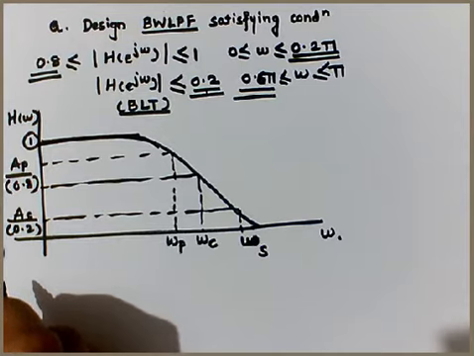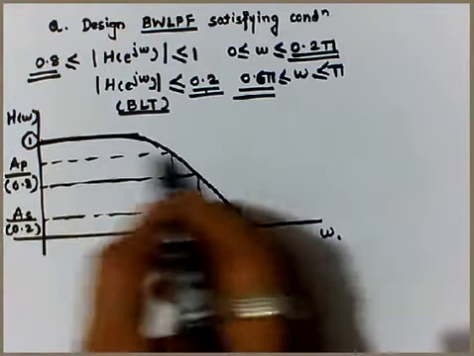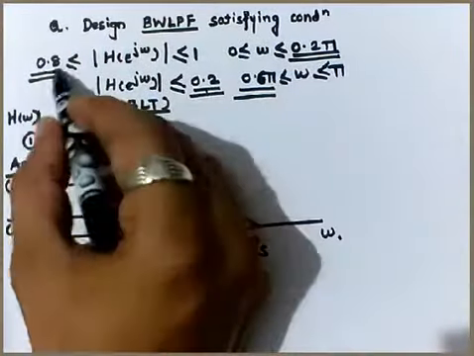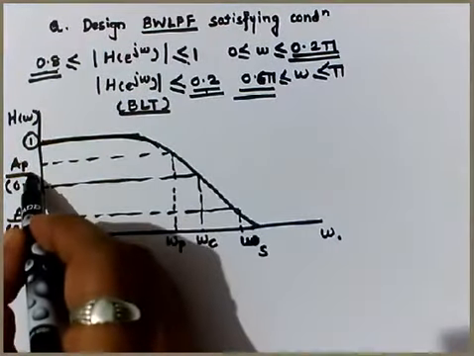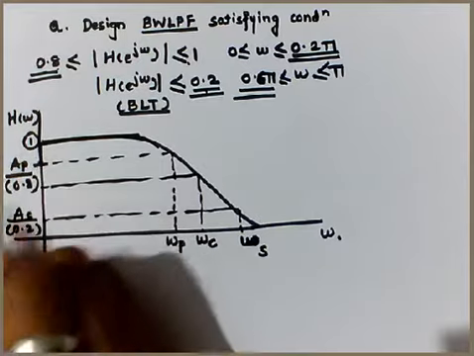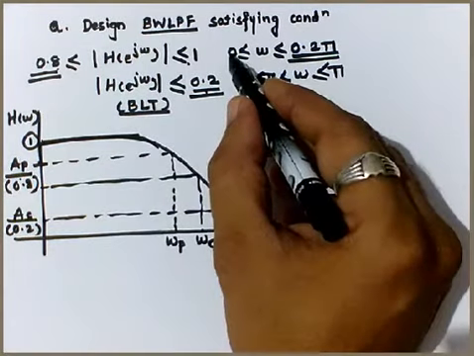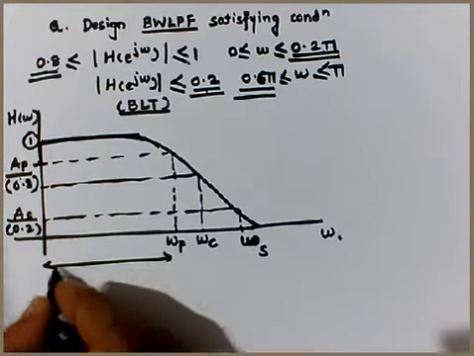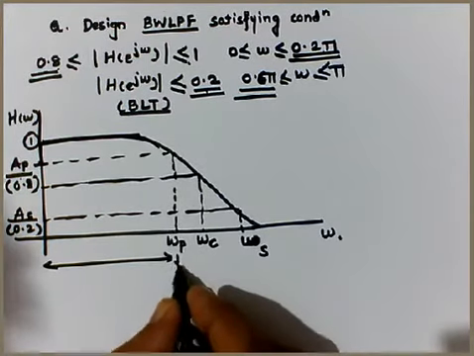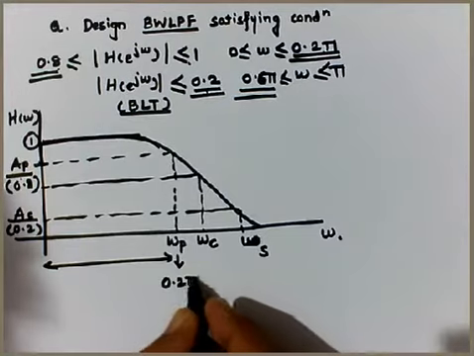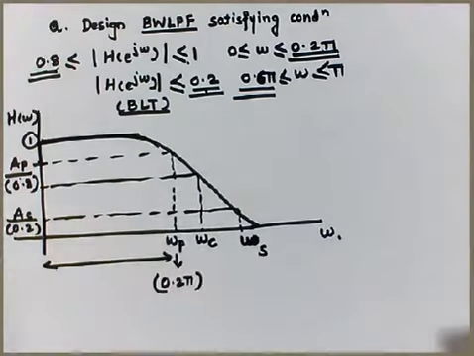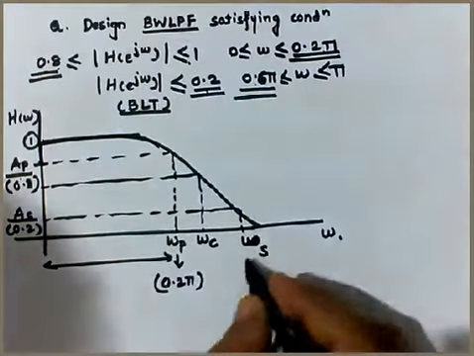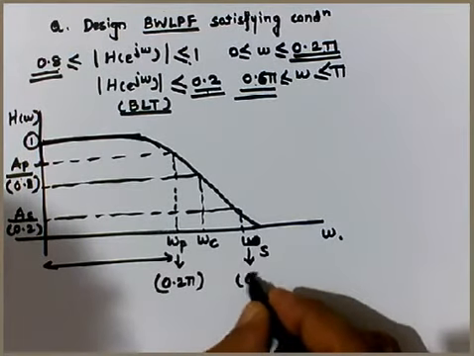Now with respect to AP, that is omega P, this is the range 0.8 to 1. Obviously for this range 0 to 0.2 pi, this frequency will be 0.2 pi, which corresponds to the AP. Similarly omega S is 0.6 pi.